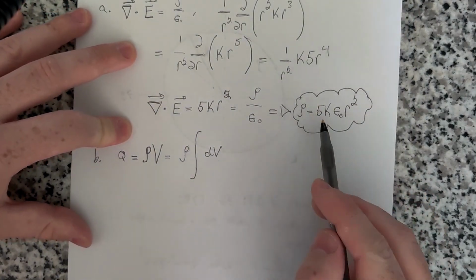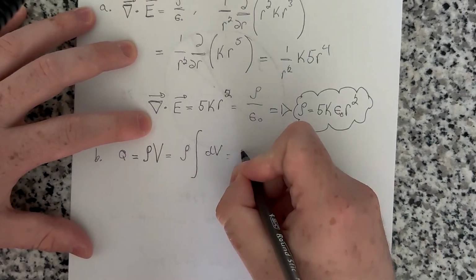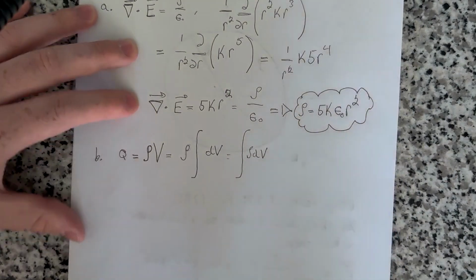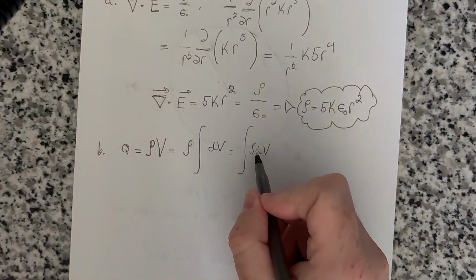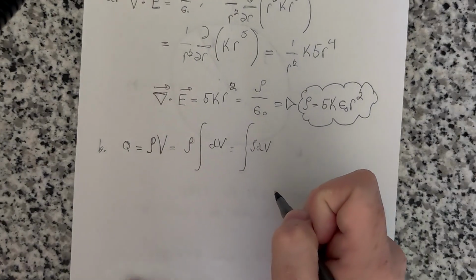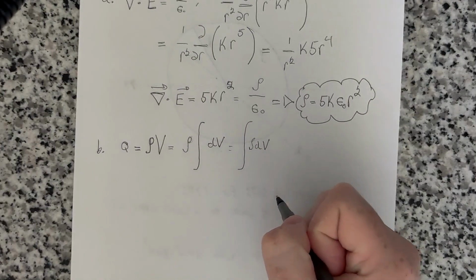Our charge density is a function of the radius. So really, I should write this as the integral of rho dV. Essentially, we're just going to integrate our charge density over the entire volume of the sphere of radius R, and that should give us the total charge contained.